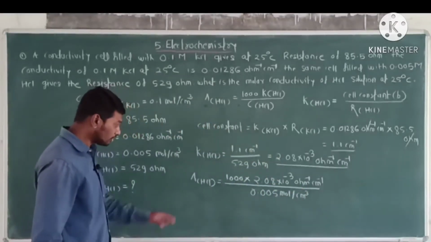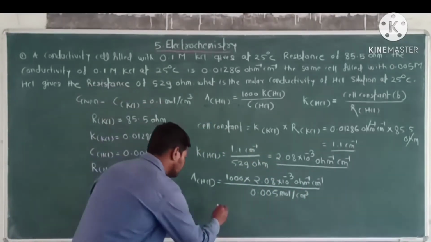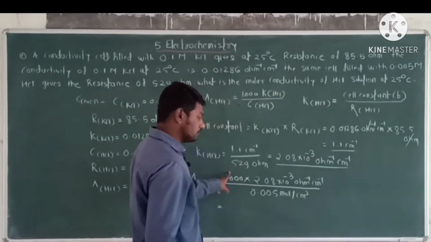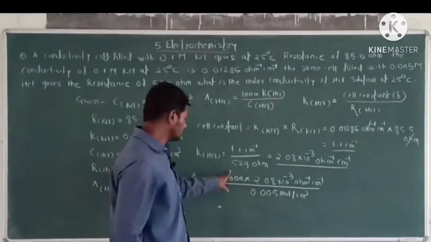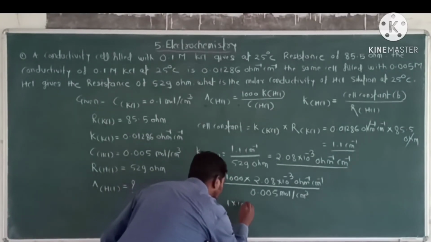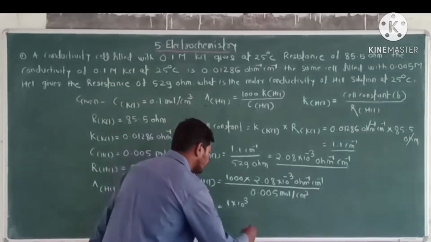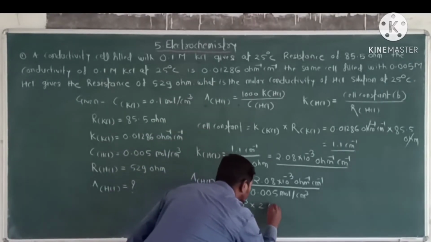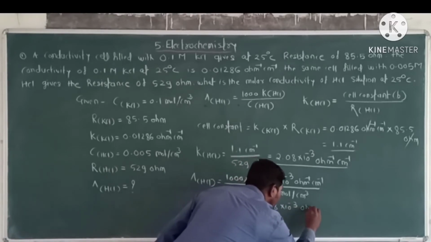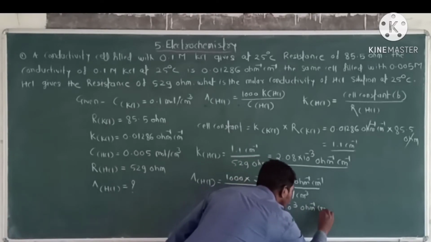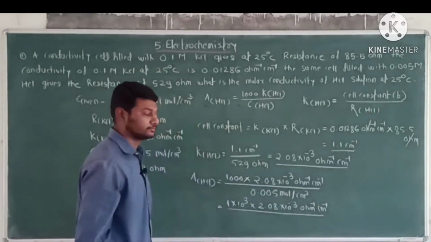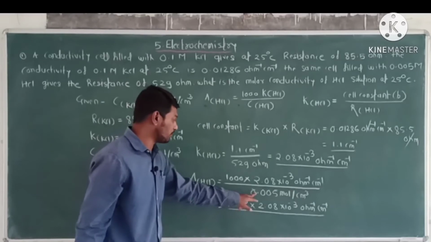Okay, now solve this equation. This 1000 is converted into 1 into 10 raised to 3, into 2.08 into 10 raised to minus 3 per ohm per centimeter, divided by 0.05 mole.